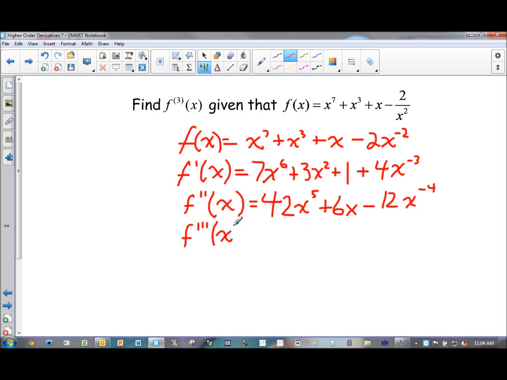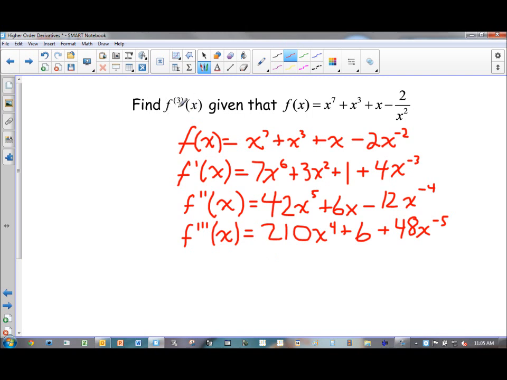So f triple prime is 210x to the 4th plus the derivative of 6x, which is just 6, and then the derivative of negative 12x to the negative 4 is plus 48x to the negative 5. And there it is. That's the third derivative. I could go further, but I haven't been asked to.